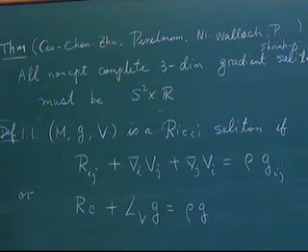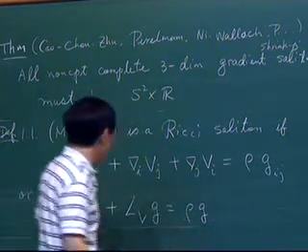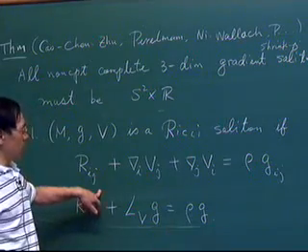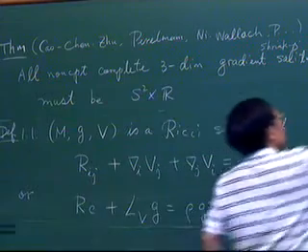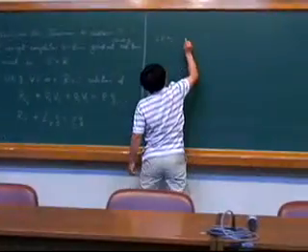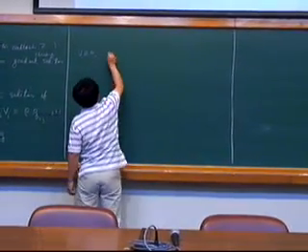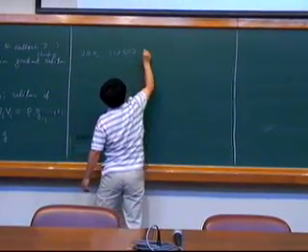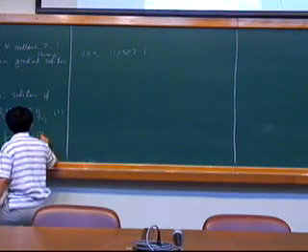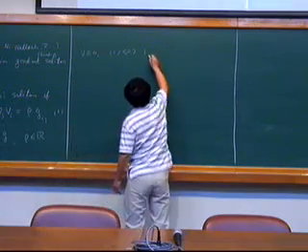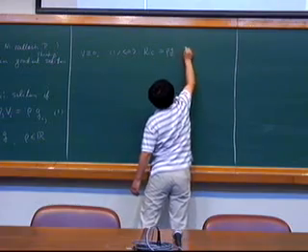So this is the definition of a Ricci soliton. Of course, it's a generalization of Einstein metrics: when V is 0, this is equivalent to rho being a constant, which means Einstein.